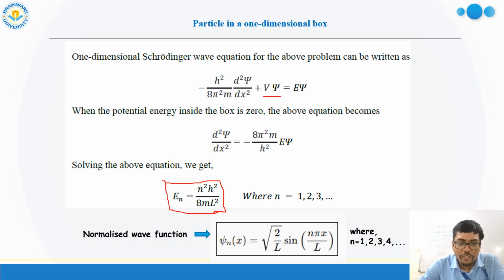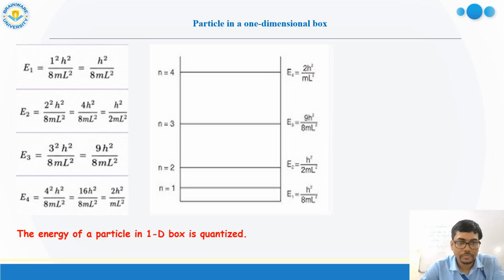And what is the wave function? The wave function is root over 2 by L sine n pi x by L, where here also n value is 1, 2, 3, 4, any integer. So this is the expression of energy for the particle in a box problem.